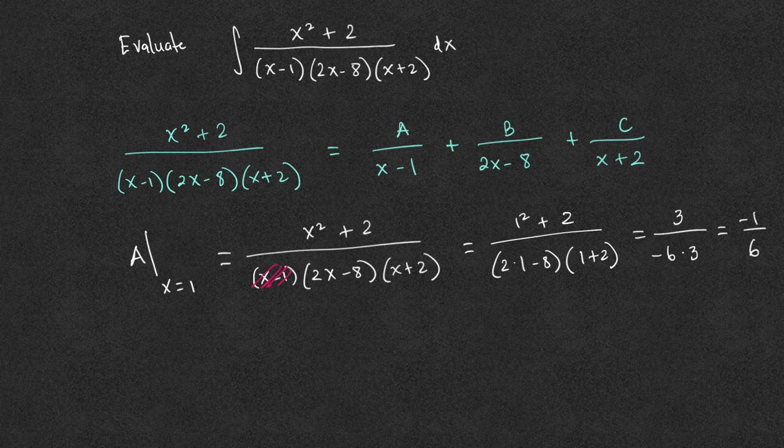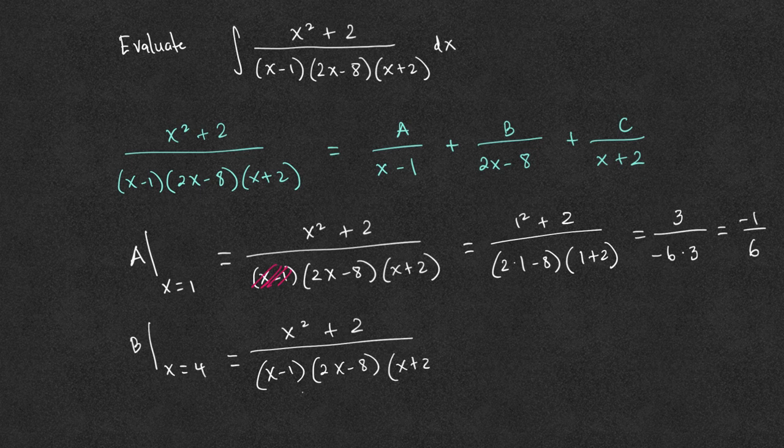Similarly, to find the coefficient B, we would need to plug in the x value that would make the denominator of B equal 0. 2x minus 8 equals 0 when x equals 4. So we will use x equals 4 so that we will not divide by 0. When we plug in x equals 4, we need to cover the factor that would make the denominator equal 0, and that factor is 2x minus 8.